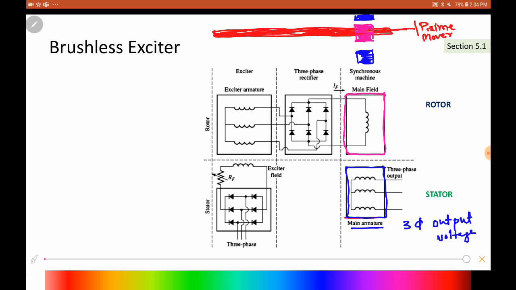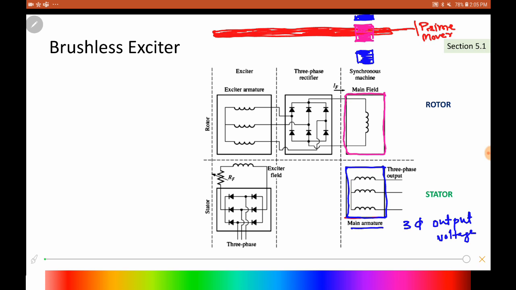So this is your one generator, and how its working is the same. Your electromagnet, which is in the pink, rotates because of the prime mover, and it will generate a three-phase voltage in the blue windings. Okay, and you have one simple AC generator, which works on the same principle as we described in the simple rotating loop in this fixed magnetic field.